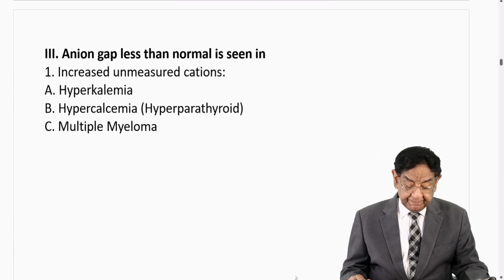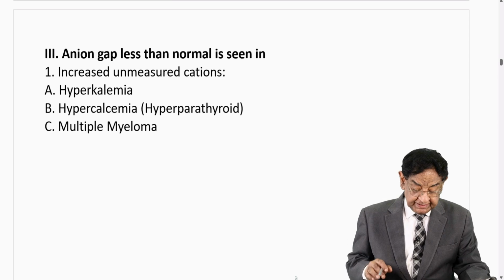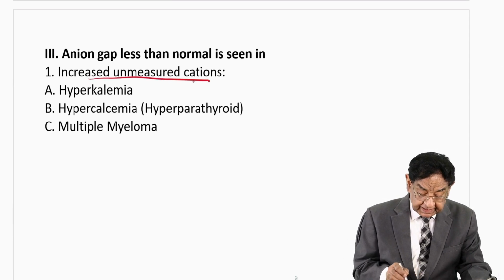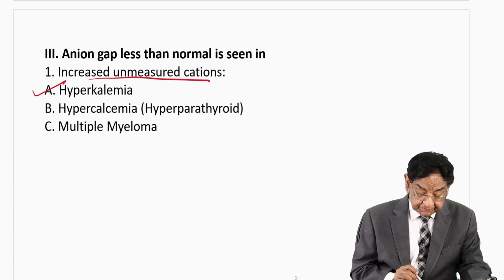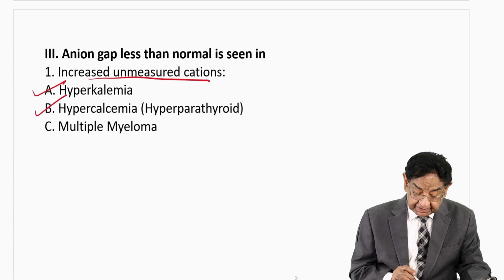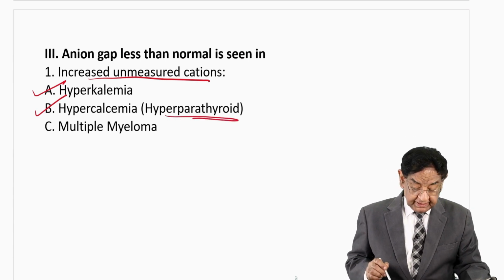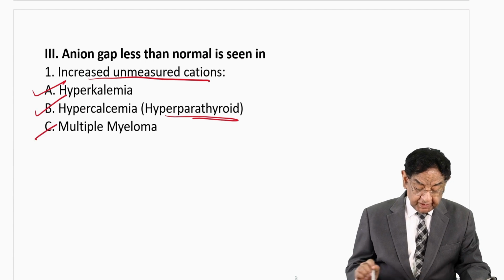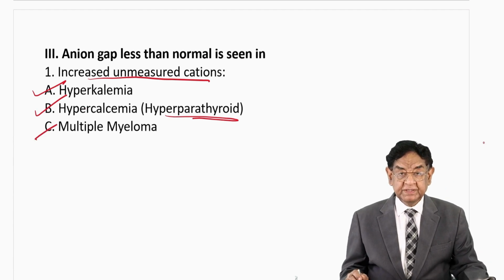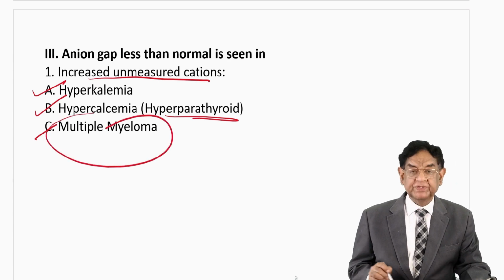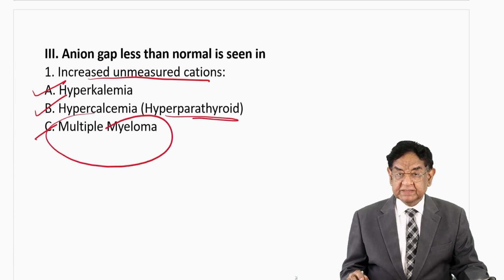Then anion gap less than normal is seen in increased unmeasured cations like in hyperkalemia, hypercalcemia, what we can see in hyperthyroid, and multiple myeloma. There are three conditions in this. This is a very, very frequently asked question. In multiple myeloma, the anion gap is less than normal.